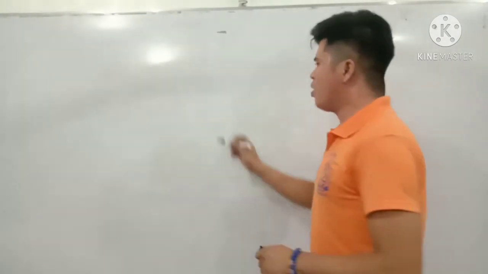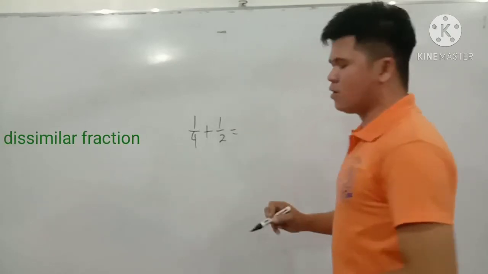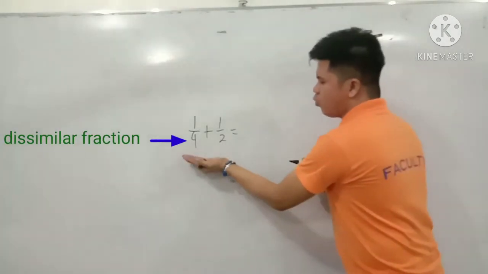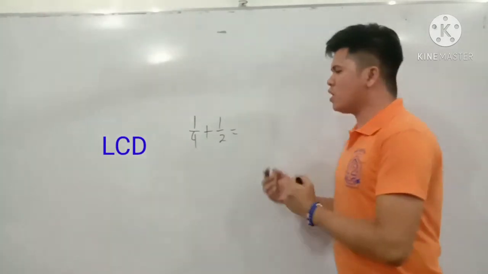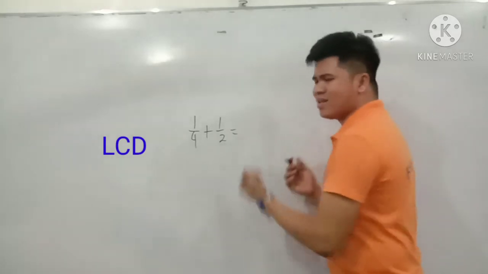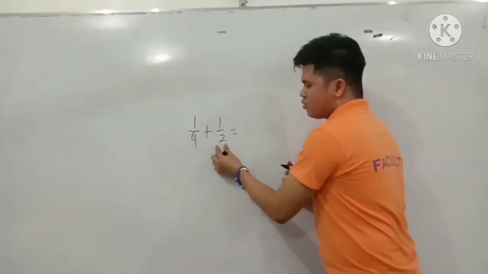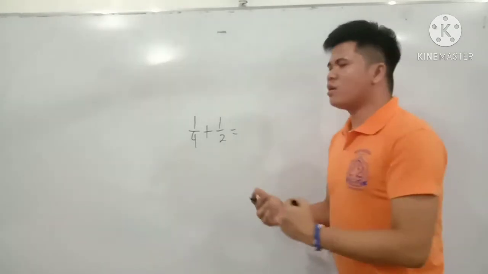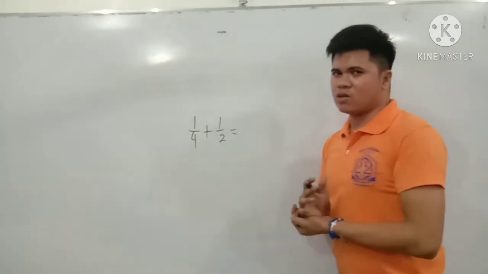Let's say we have 1/4 plus 1/2. In order to add this one, we have to use the LCD. That means we have to get the least common denominator of 4 and 2. Then we use it in order to combine these two fractions.